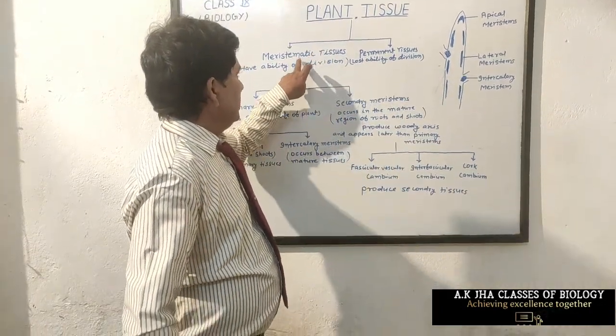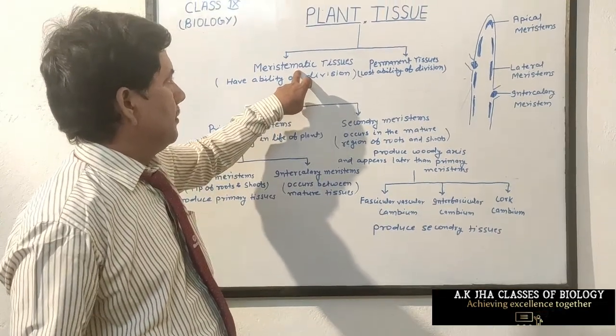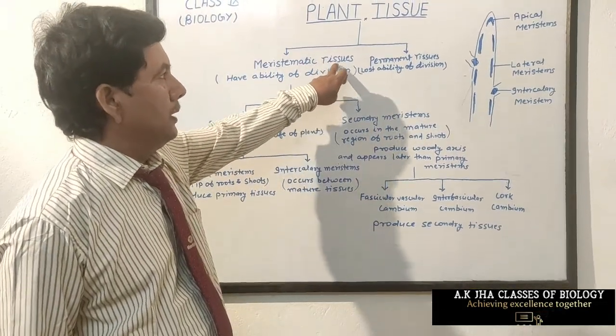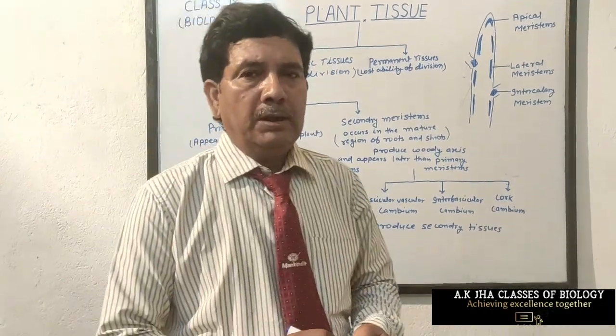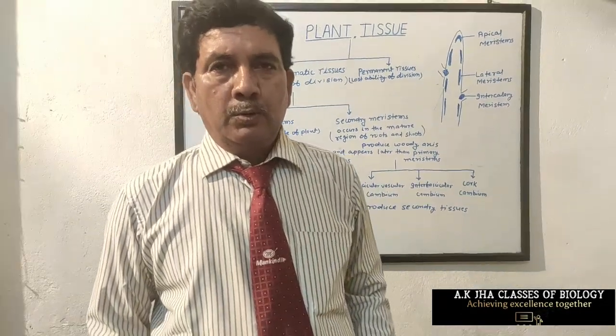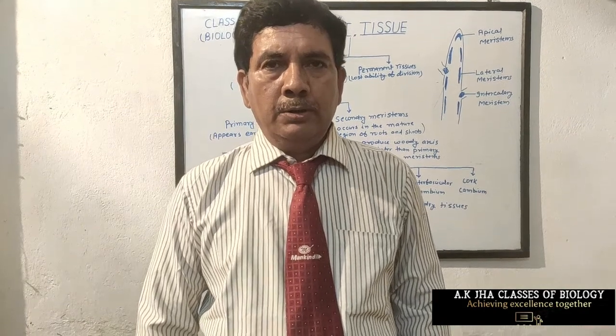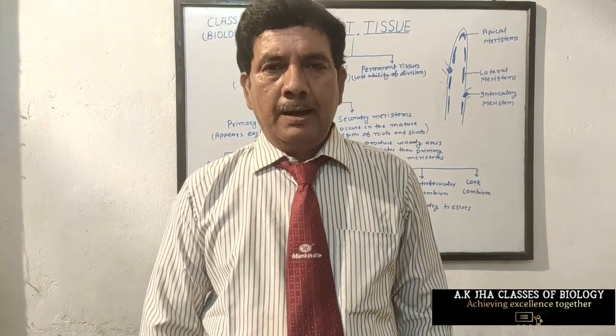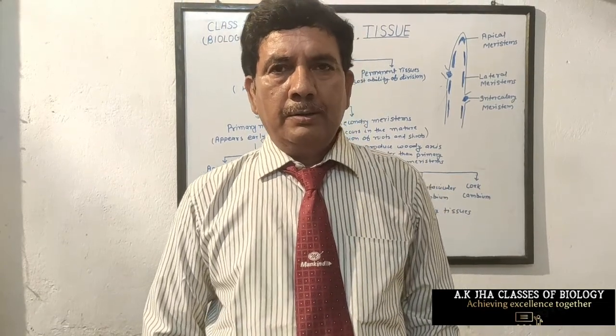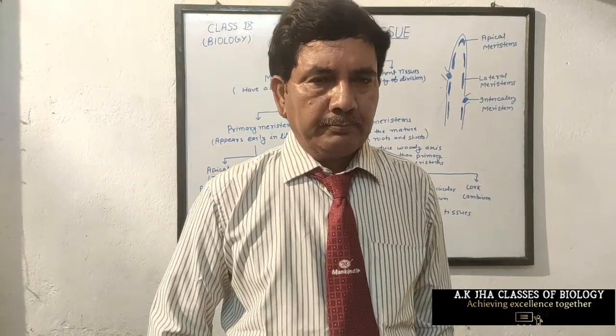Plant tissue is of two types, meristematic tissue and permanent tissue. Meristematic tissue is that type of tissue which has the ability to divide. They continuously divide and help in the growth of plants.